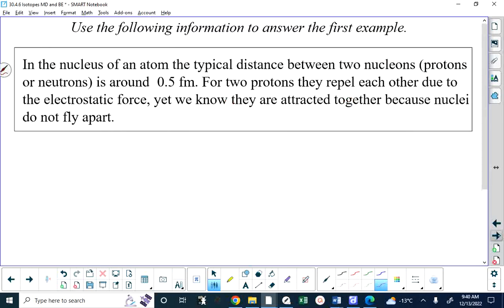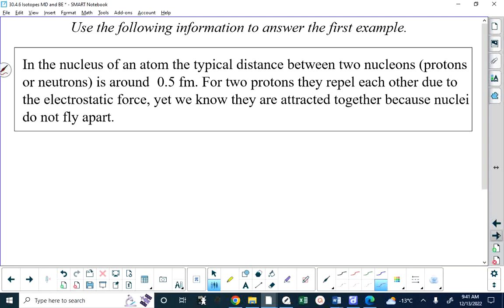All right. Use the following information to answer the first example. And this is just building up to the introduction to nuclear forces. In the nucleus of an atom, just a random atom, I'm going to be talking about a helium nucleus in a second, a typical distance between nucleons is maybe half a femtometer.